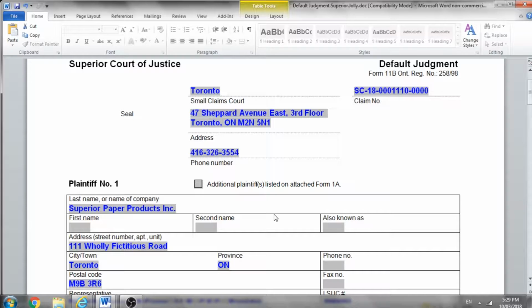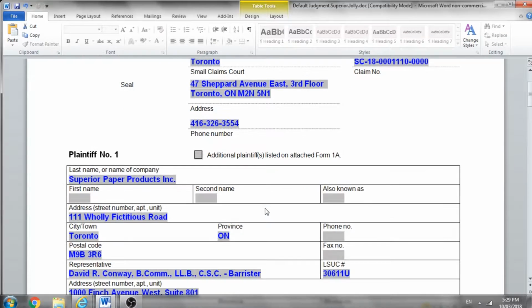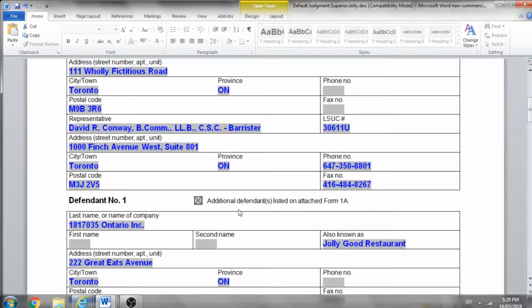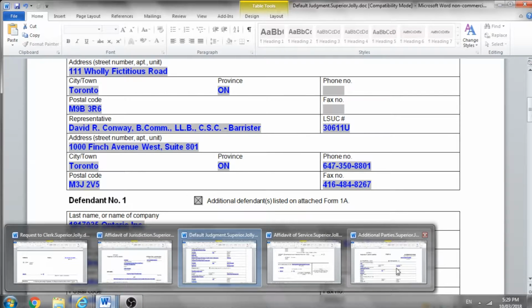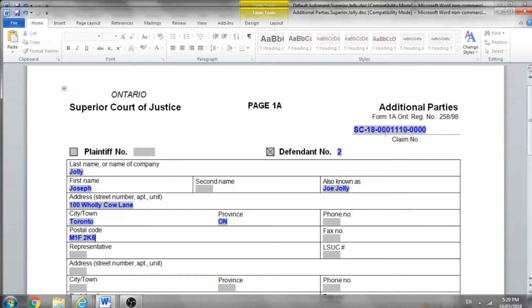Now, the title of proceedings is similar to that as found in the plaintiff's claim, and you might remember that we do have additional defendants listed on an attached form, so always remember to attach the additional parties form to the default judgment.